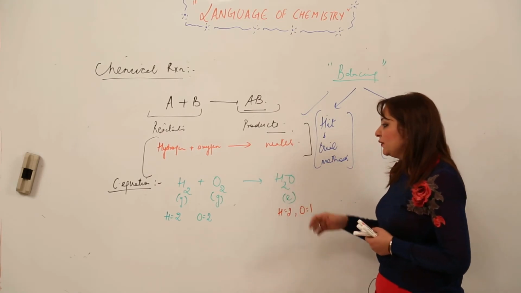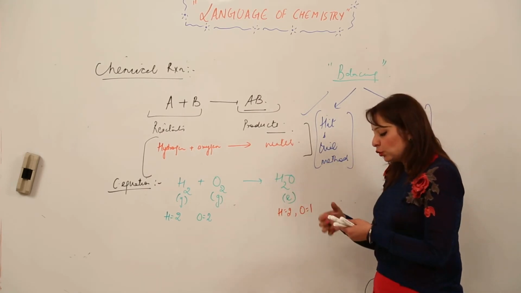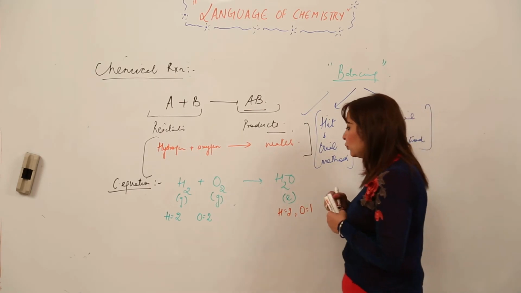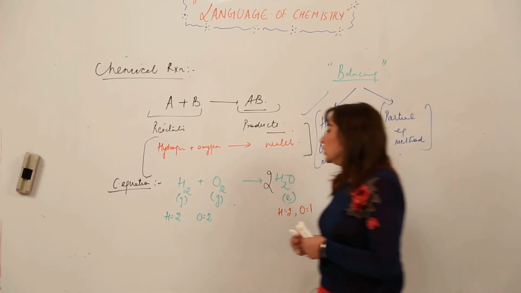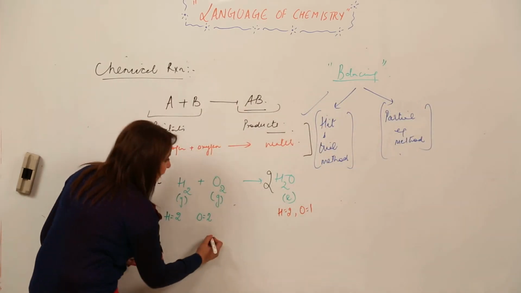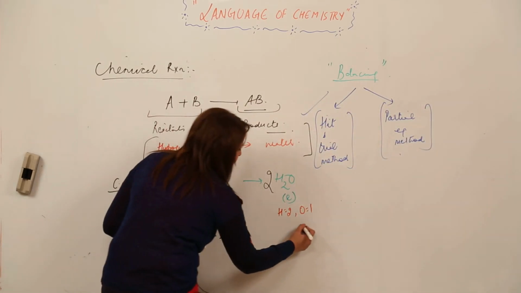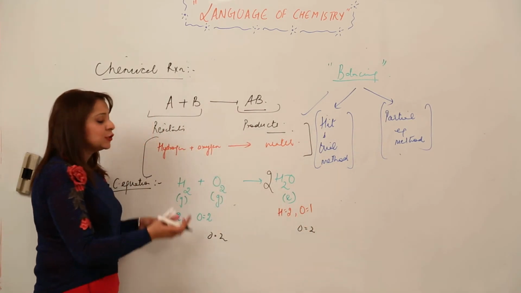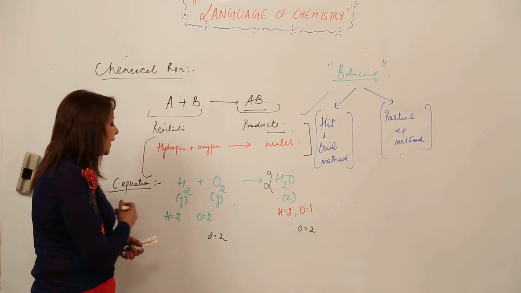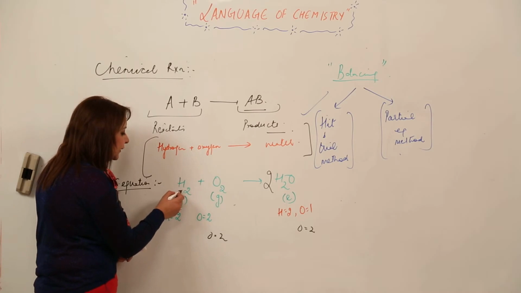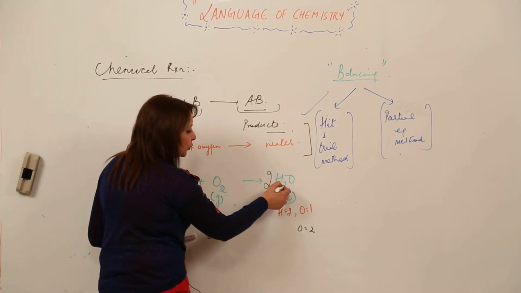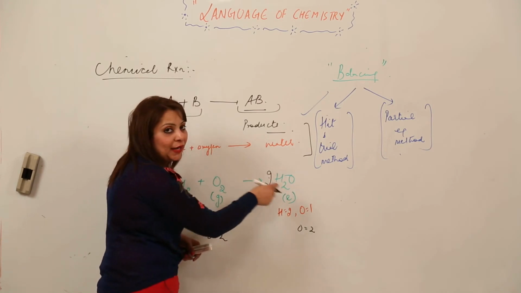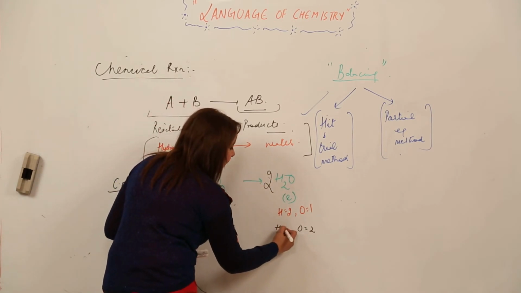So in this case we have the 2, so we can make it 2 by just prefixing the 2 in front of H2O. Now again I will be counting, so oxygen is now 2 this side, and here also oxygen is 2. But just to check it again, I am looking at hydrogen. So how many hydrogens are here? 2. But this side 2 and 2, that means 4. You need to multiply them, okay, right? So hydrogens are 4.